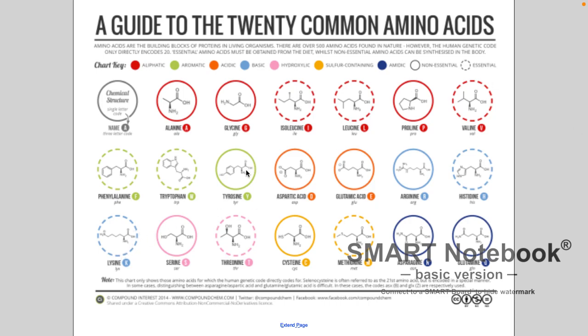Like your body can naturally produce some of these, but there are others where your body cannot. So you have to eat other foods or animals, other things, to get the amino acids that you need to make proteins. So yeah, cool.